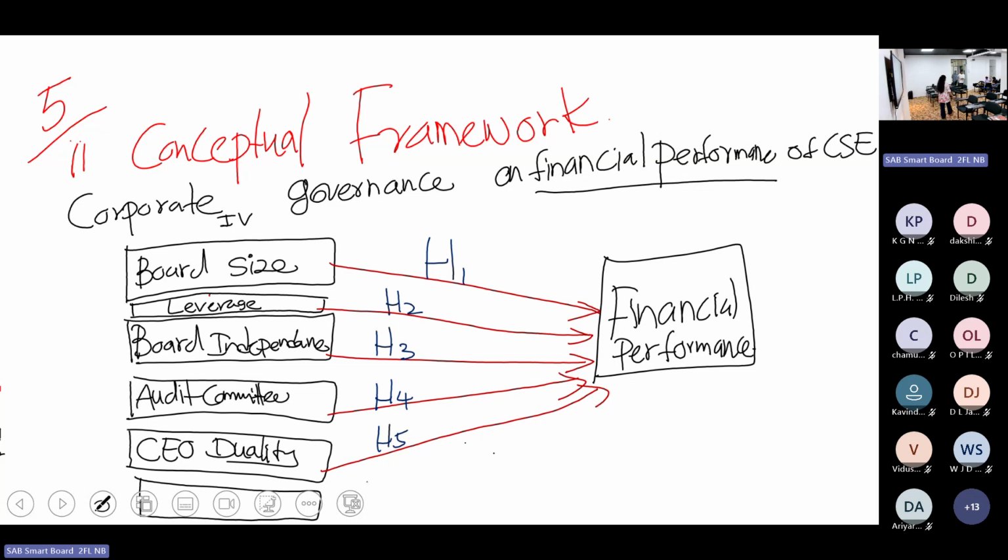Last week we identified these hypotheses and then the conceptual framework. This is one of the components that is a must for your research proposal. You have to draw the conceptual framework for your research proposal, unless it is a qualitative one.